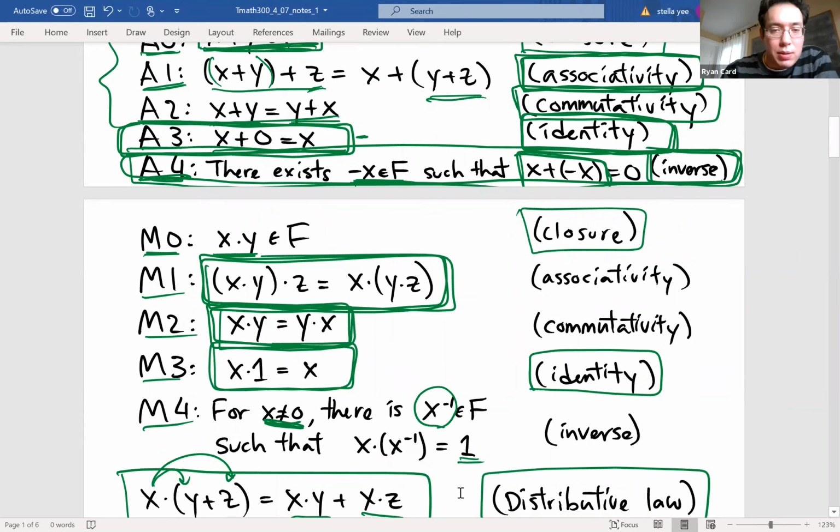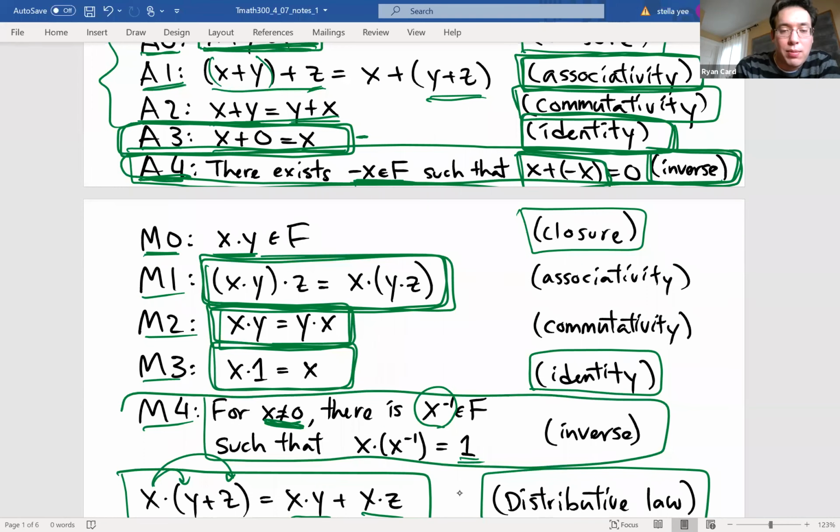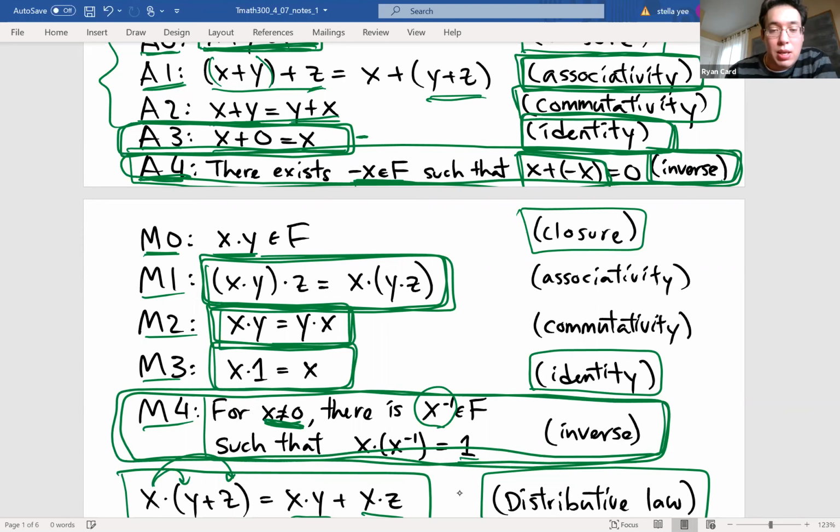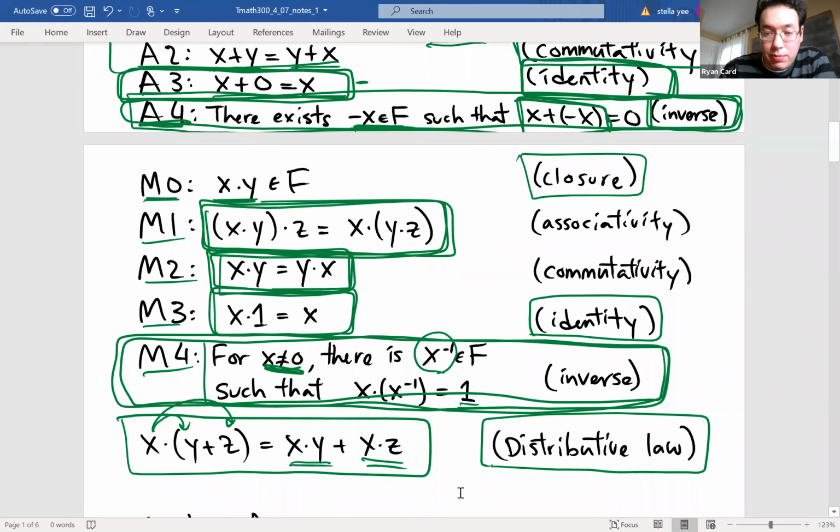Let's talk about the multiplication axioms. All of these pretty much hold for all 3 of the sets, except for the multiplicative inverse. If you're talking about natural numbers and integers, the multiplicative inverse does not exist, right?